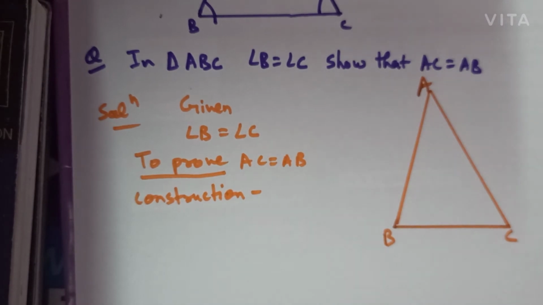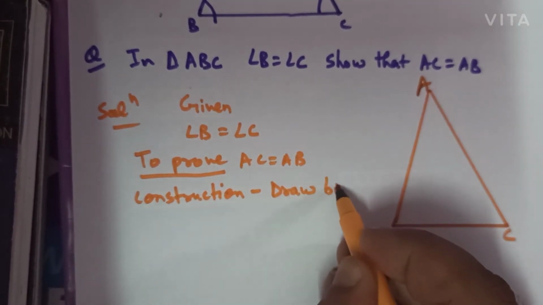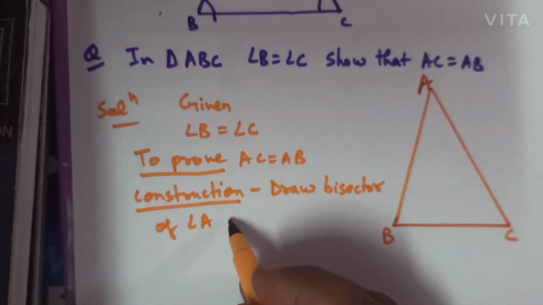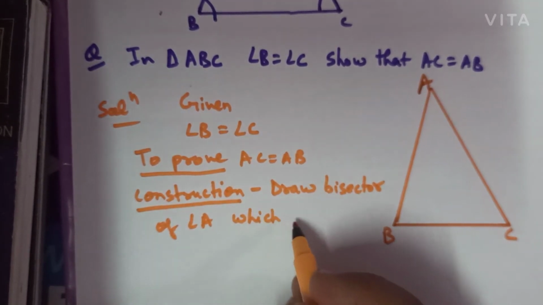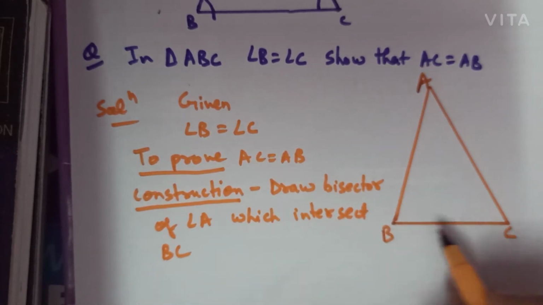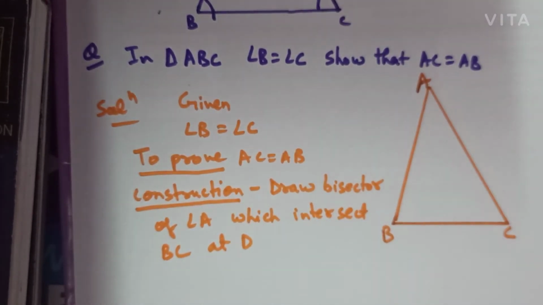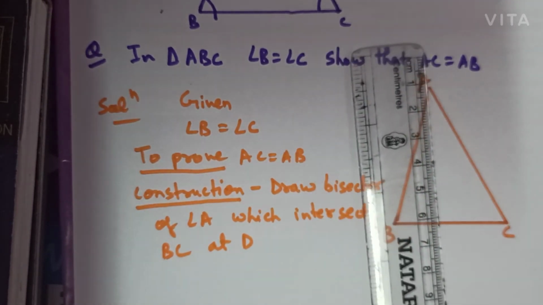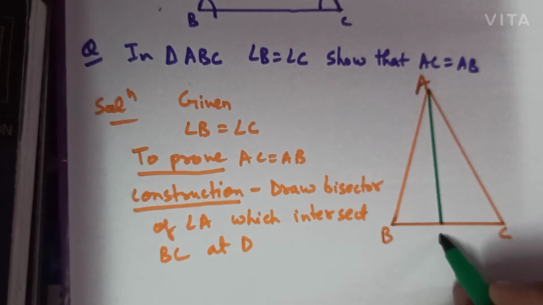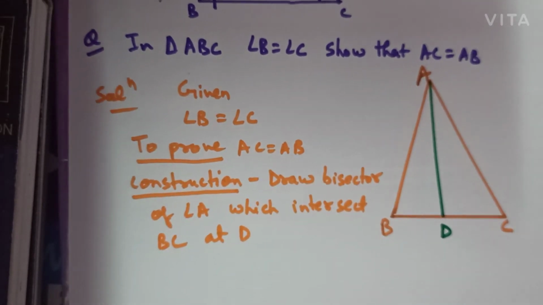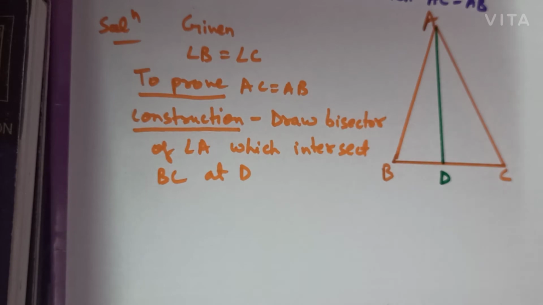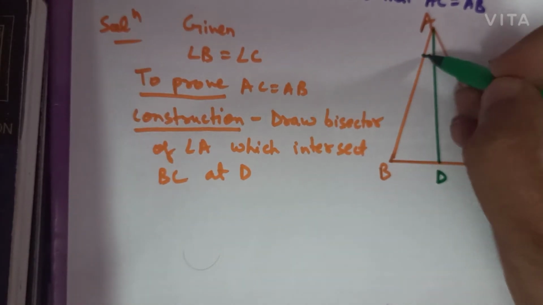That is, we will draw the bisector of angle A, which intersects BC, that is the opposite side, at D. So I have drawn a bisector of angle A. AD is the bisector of angle A, that means this line segment AD will divide angle A into two equal angles, that is angle BAD and angle CAD.